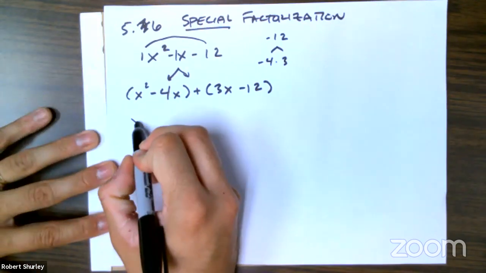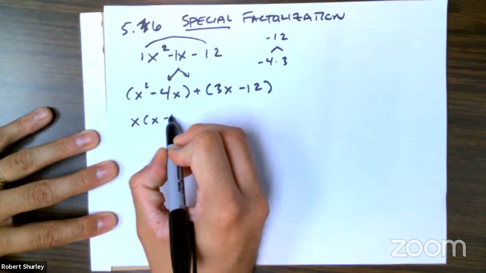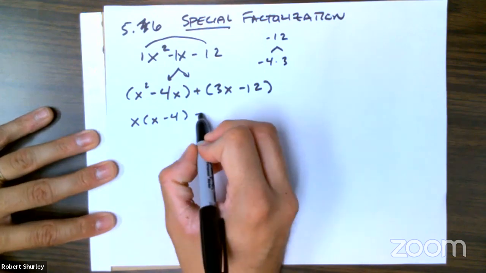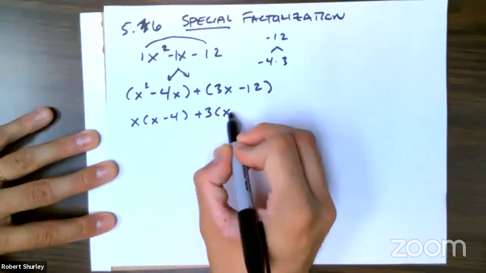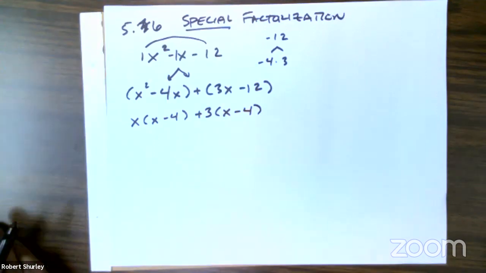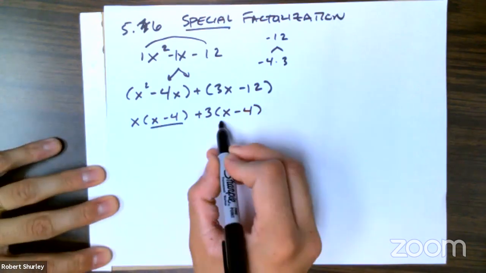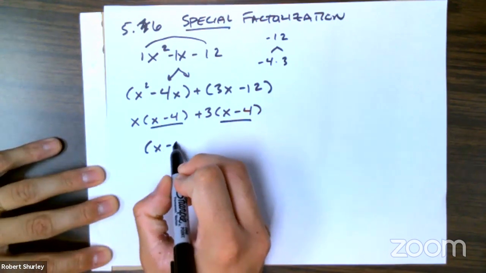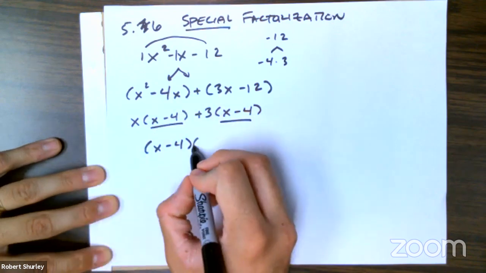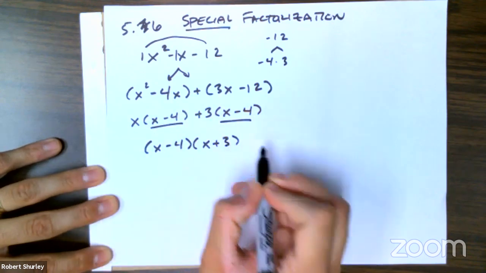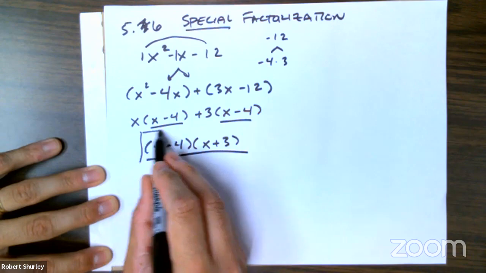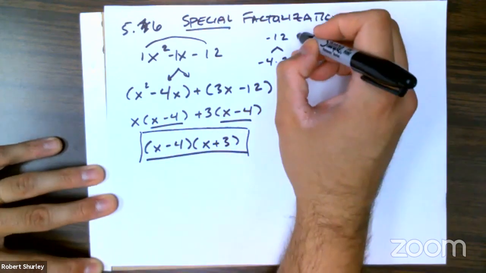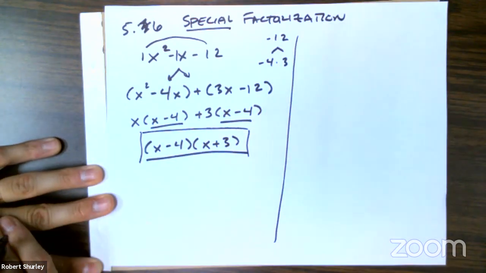And then I'm going to factor the x out of the first term, and it leaves me with x minus 4, and the 3 out of the second term, and that leaves me with x minus 4. And then we've got the same thing in both terms. So we wind up with x minus 4 once I factor it out, and I'm left with x plus 3. Okay.